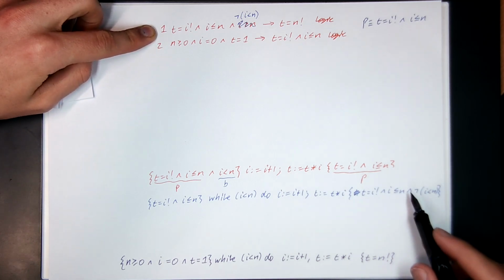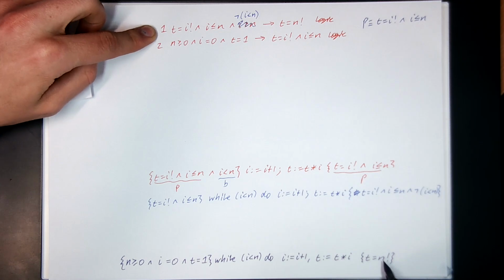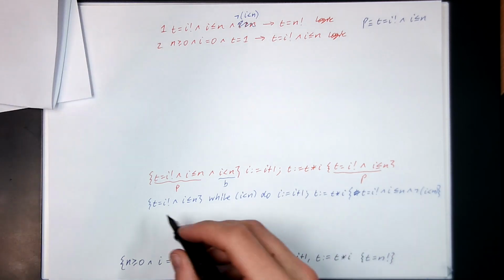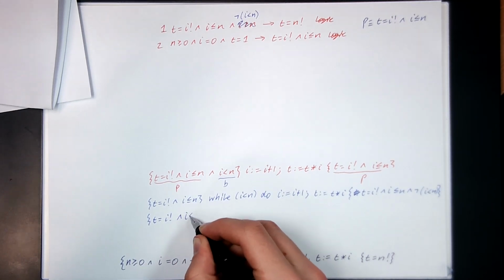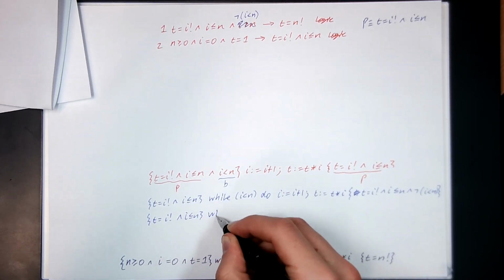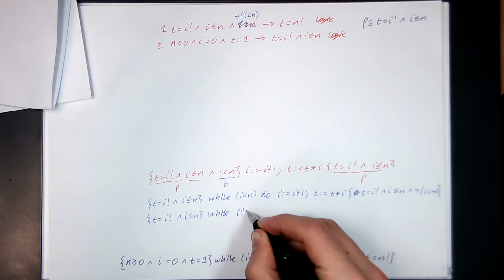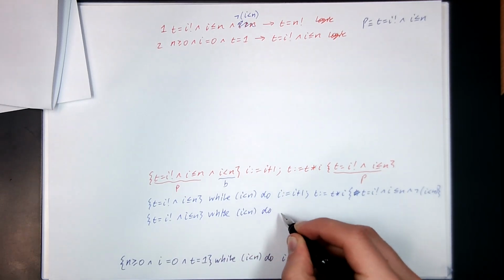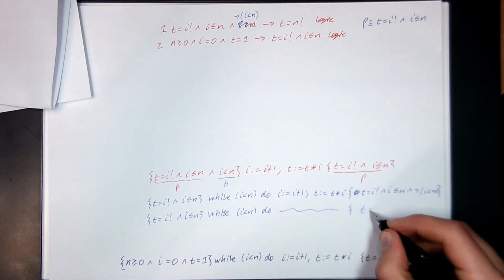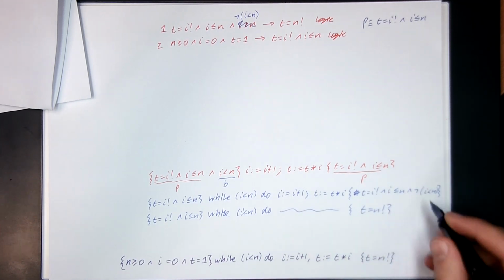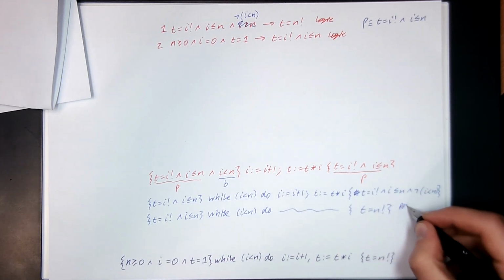Therefore, I can weaken my postcondition, right? I can replace my postcondition with something weaker. So T equals I factorial, and I less than or equal to N, while I is less than N, do the same code as before, and then T is equal to N factorial. So that's going to be my postcondition weakening.